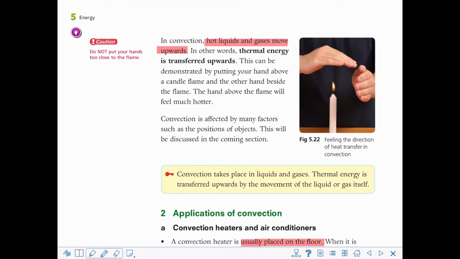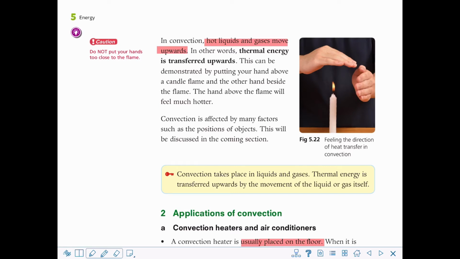Next page. In convection, hot liquids and gases move upwards. In other words, thermal energy is transferred upwards. This can be demonstrated by putting your hand above a candle flame and the other hand beside the flame. The hand above the flame will feel much hotter.